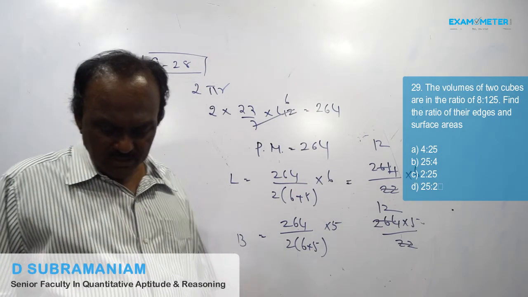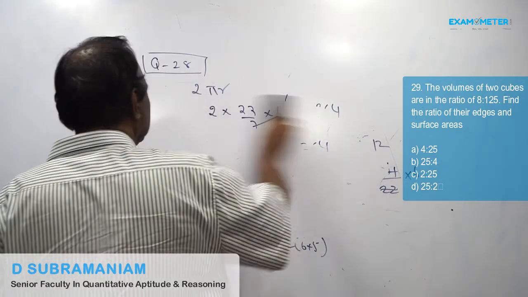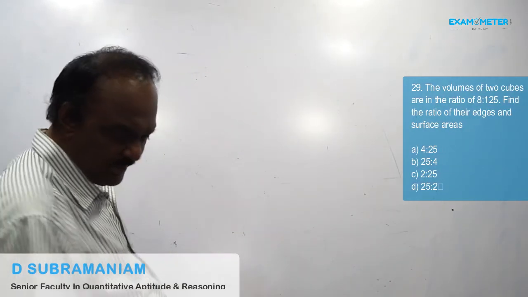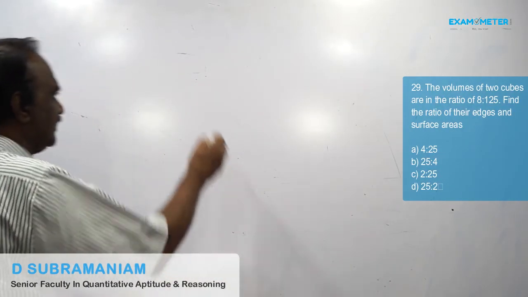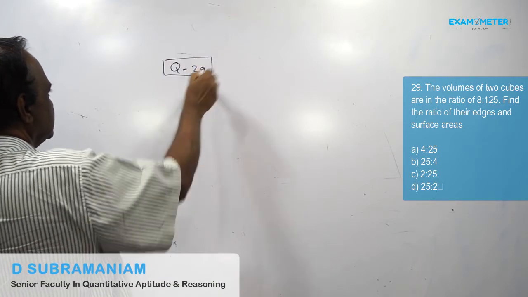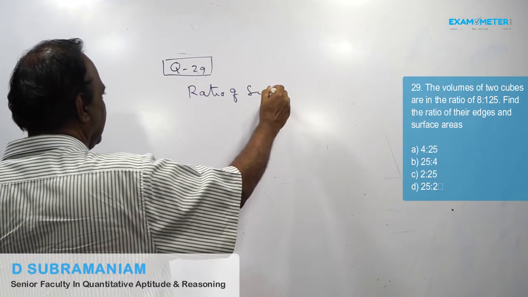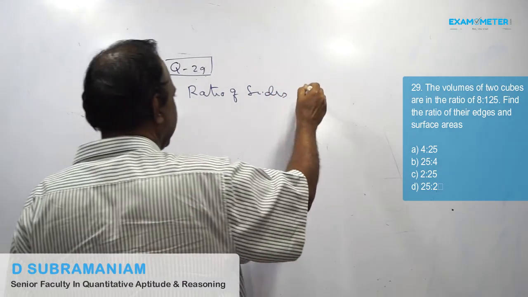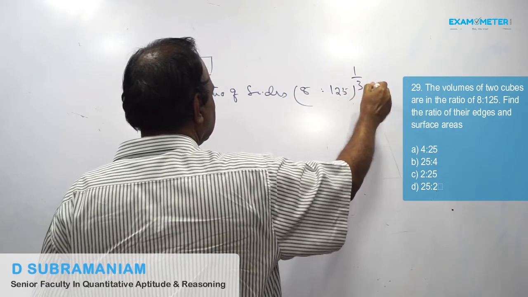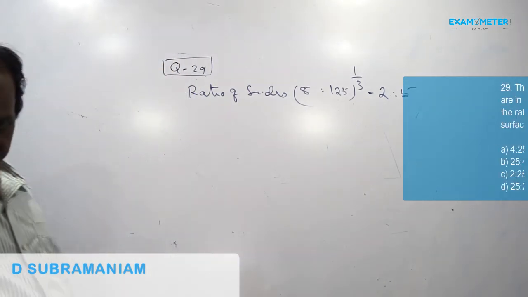So write down ratio of the sides. That is 2:5.